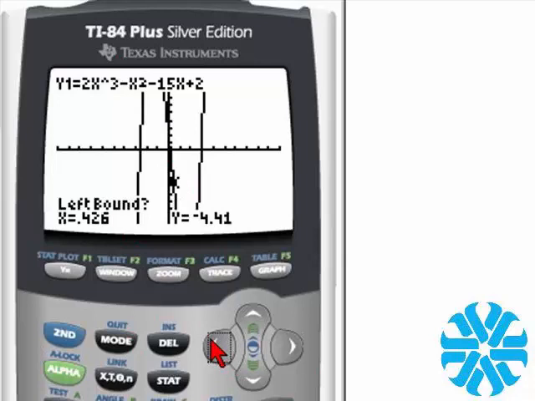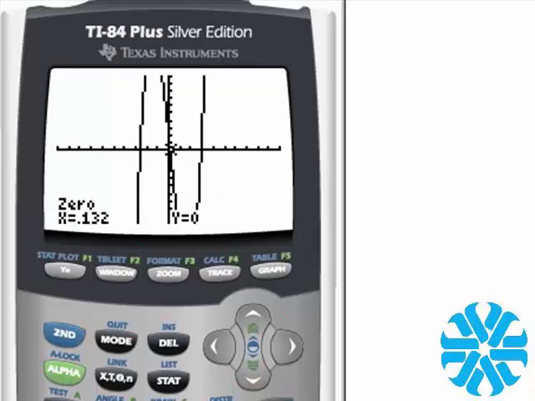Well, the left bound is actually going to be, remember, to the left of the intersection point, so it's right there. So we select enter, and then we move it to the right, and it's now below the x-axis, so that is the right bound. It's to the right of the intersection point, so we'll select enter, and select enter for the guess.